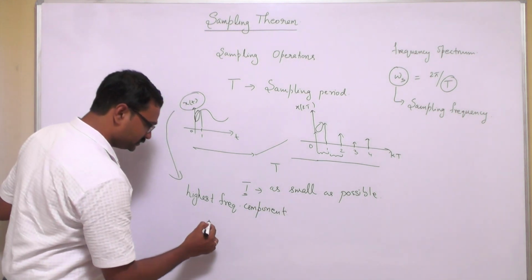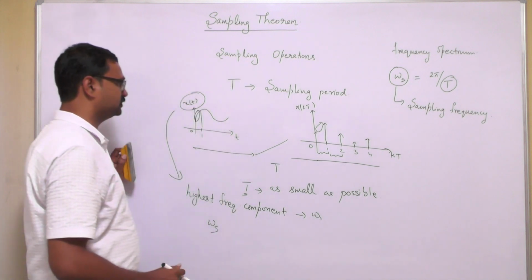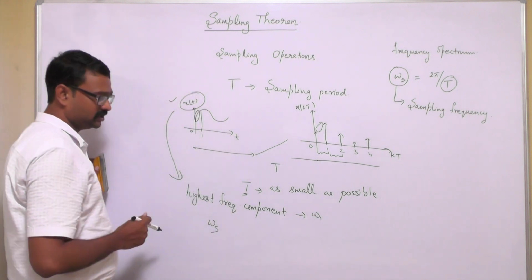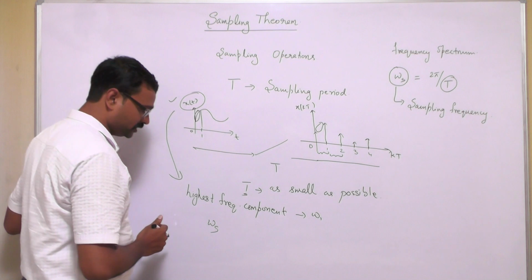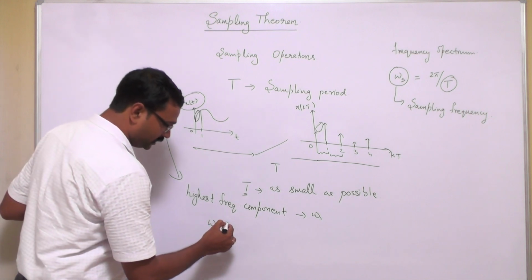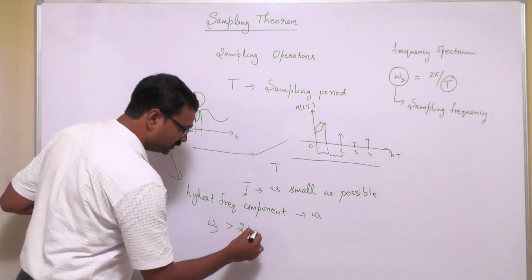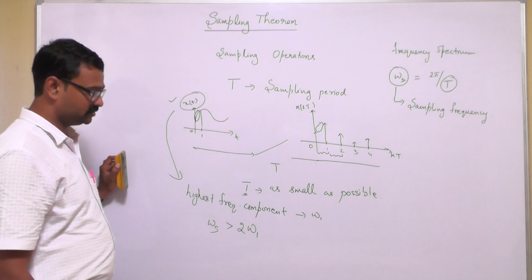For example, let me say the highest frequency component in the continuous time signal x of t is omega 1. Then omega s must be greater than 2 times the highest frequency component.